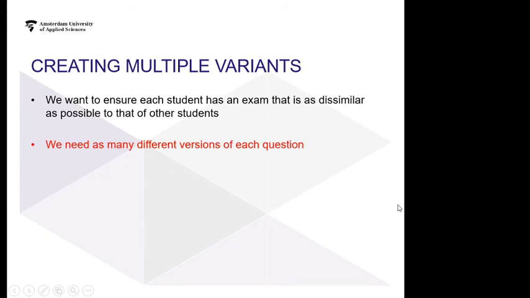When creating multiple variants of questions, it is done to ensure that each student has an exam that is as dissimilar as possible to that of the other students, but it does rely on providing many different versions of the question.